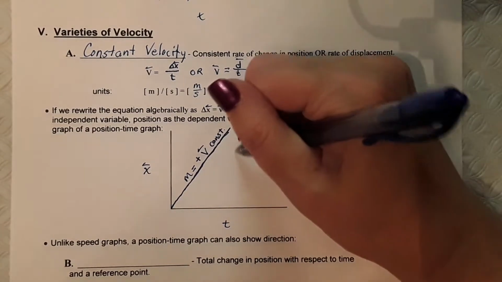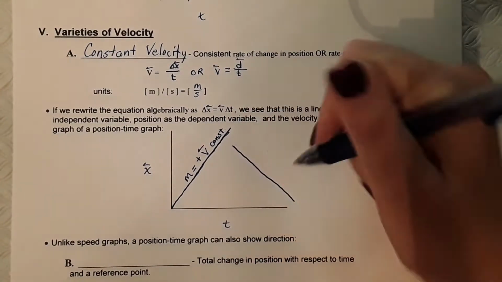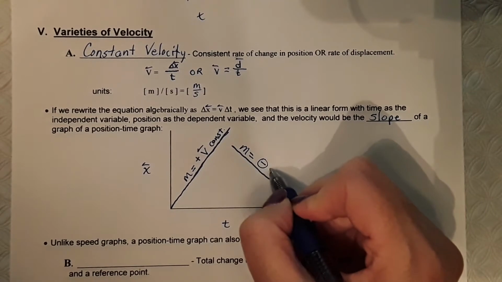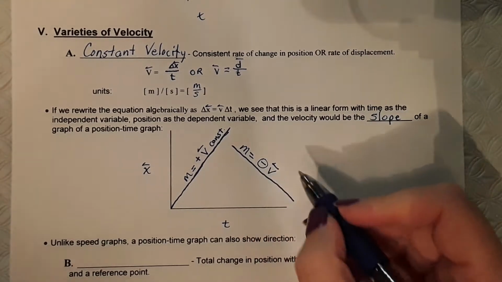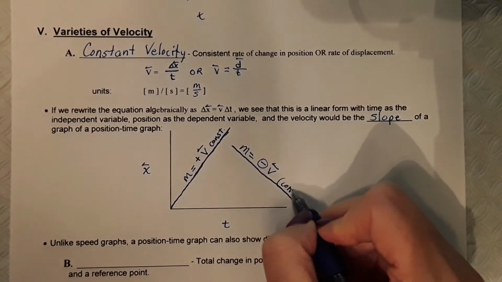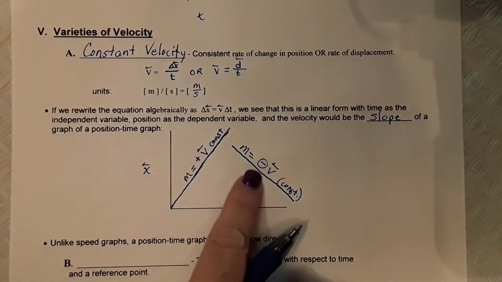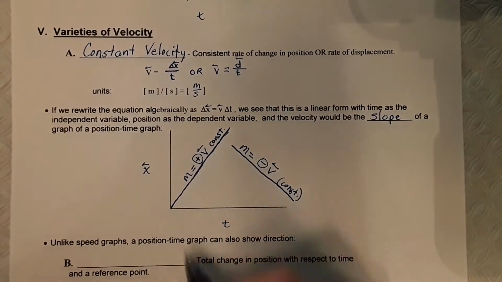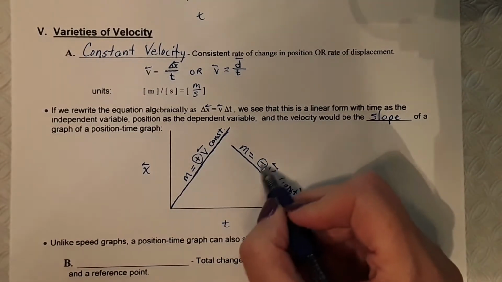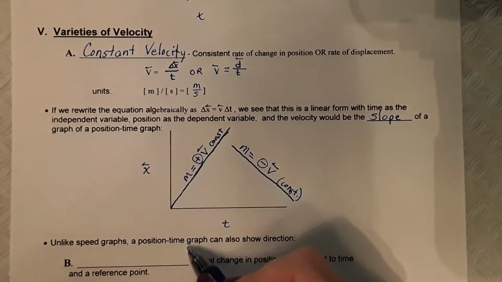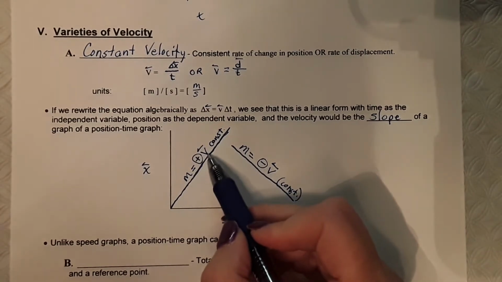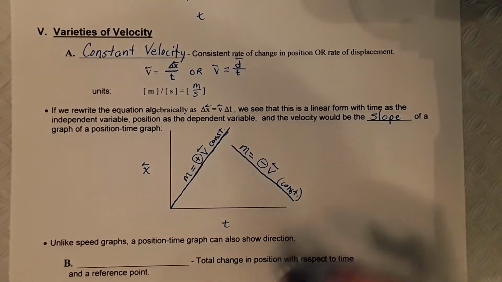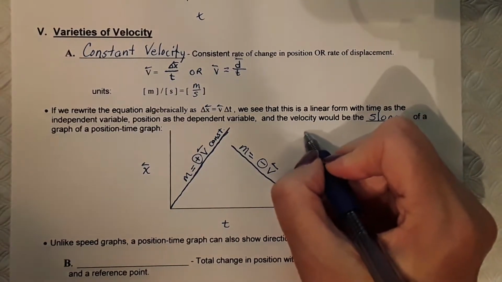But you could also have a negative slope. And if you have a negative slope, then you have a negatively directed velocity that's constant. All right, so here, these are the directions. Sign of the slope is positive, the direction's positive. Sign of the slope is negative, the direction's negative. The numerical value of the slope is the magnitude of the velocity, okay? So we're going to write that right here.